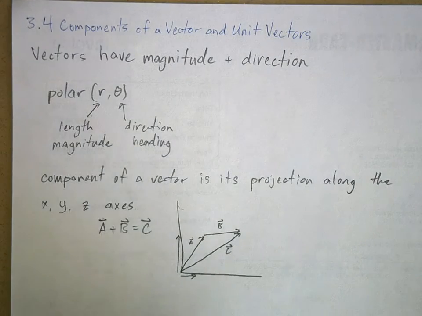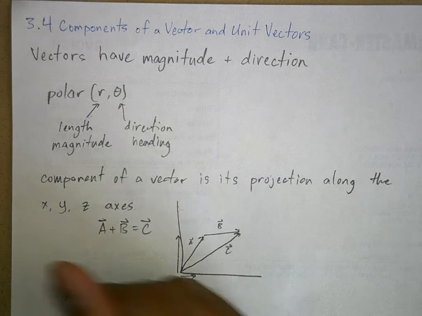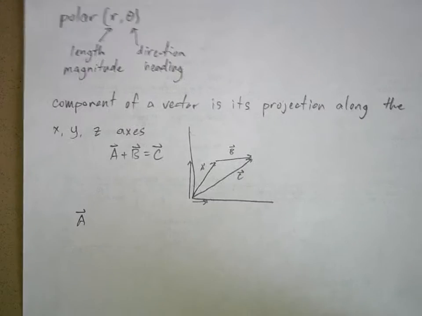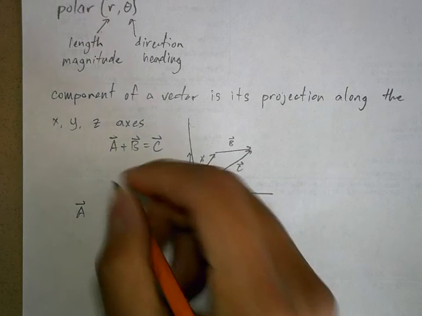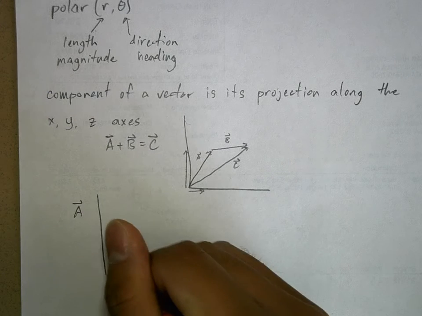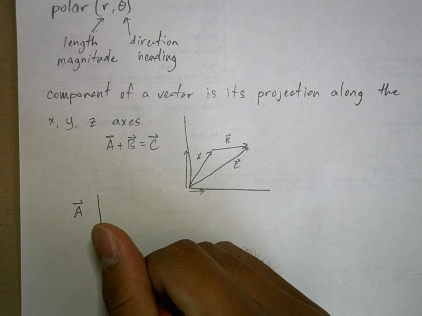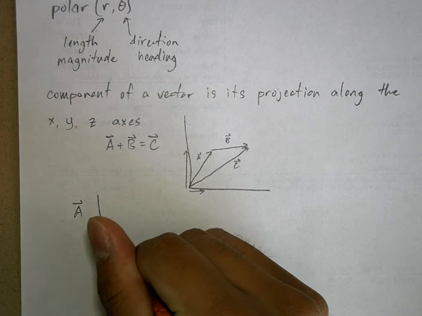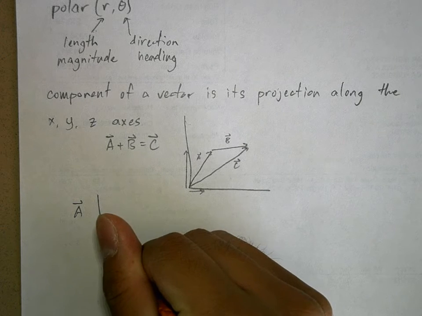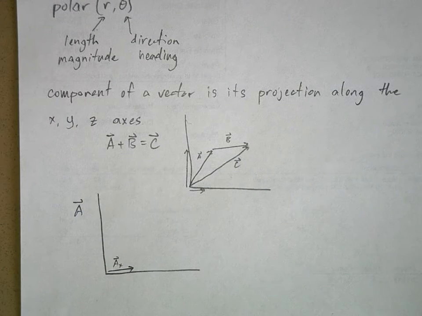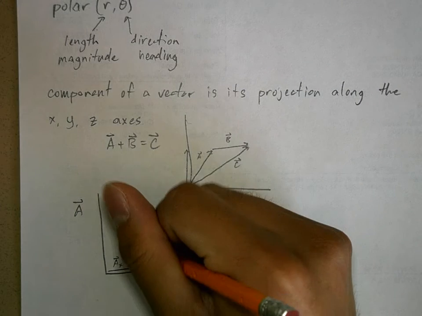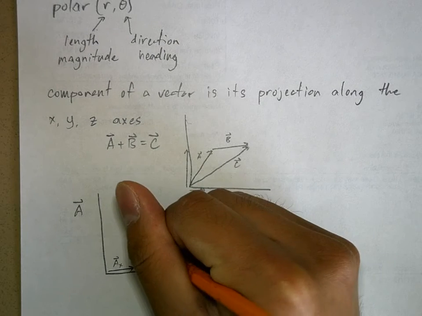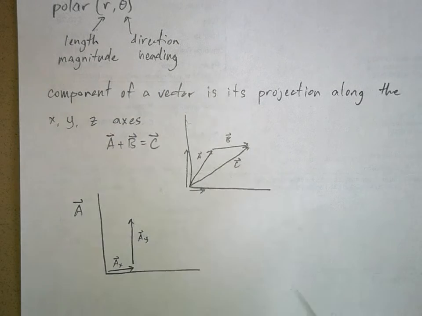So what I can do is I can just define vector a on its own as its x component, which I can label as vector a sub x, and then its y component, which I'll label a sub y.